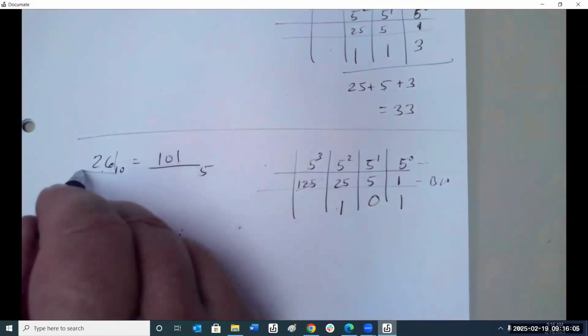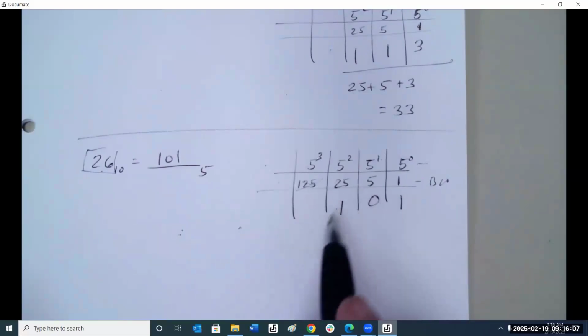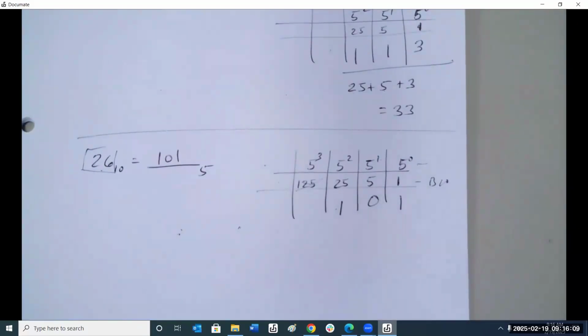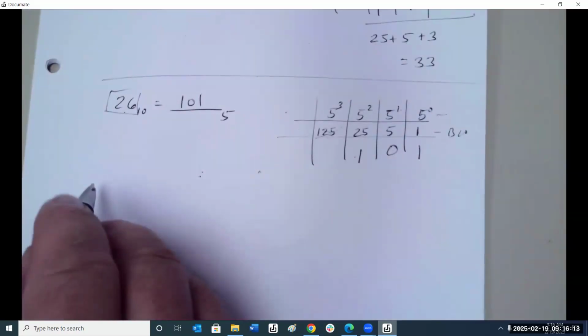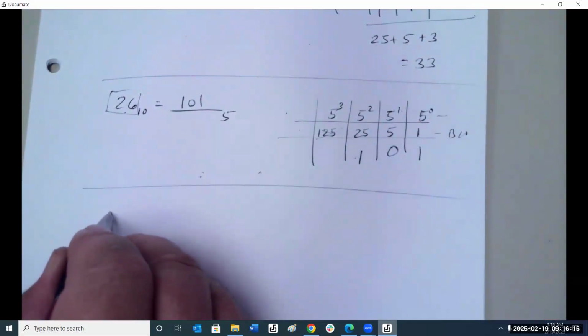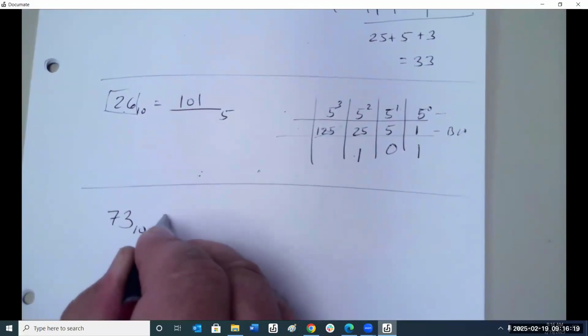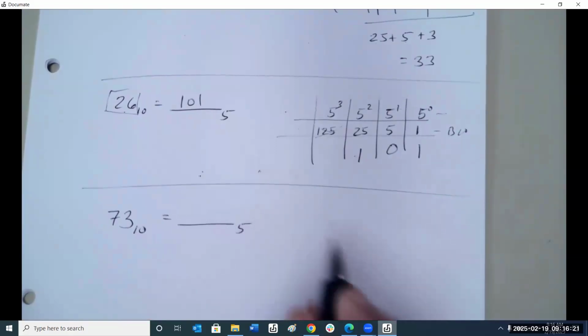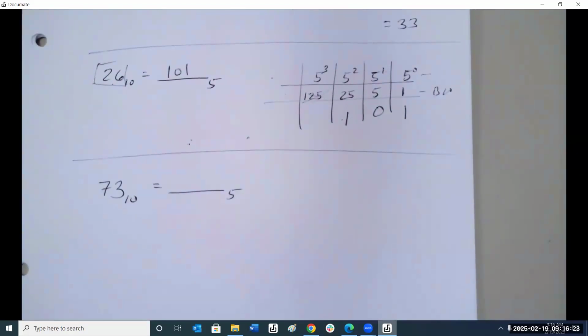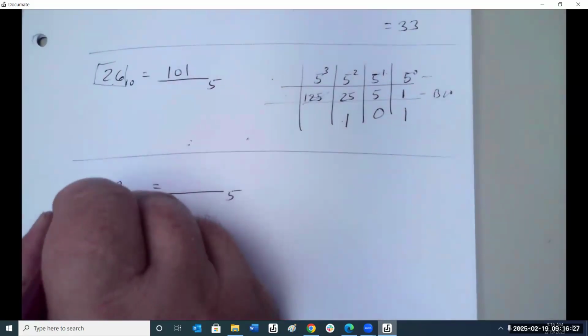We want to equal 26. So how can we arrange these? We can take multiple of these. Let's look at 173 base 10 to base 5.